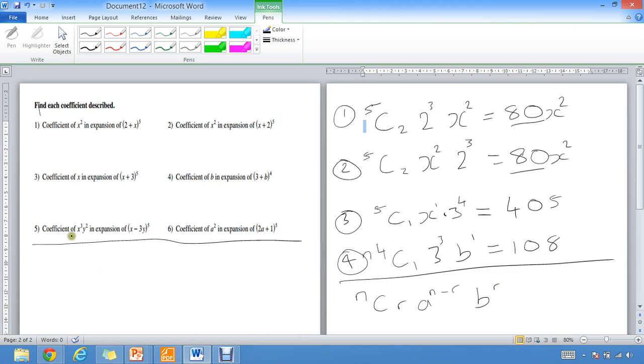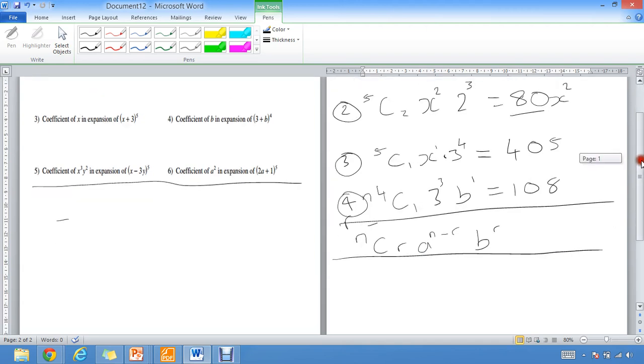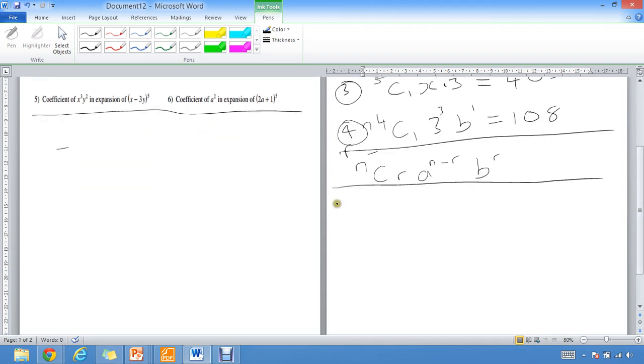So now in this case, your r is equal to 2. Your n will equal 5 because our bracket is being raised to 5. And then your a is x, and b is minus 3y. And now you just simply put it into your formula here, NCR.